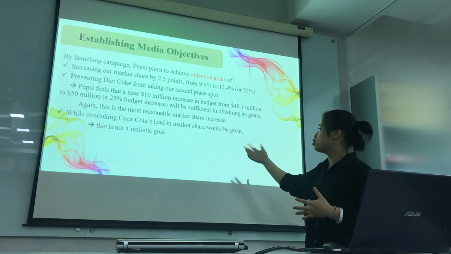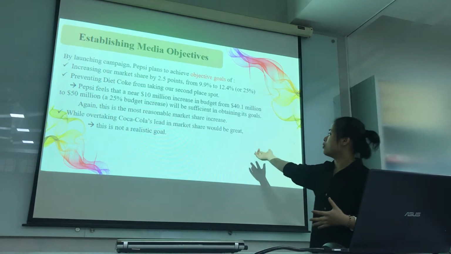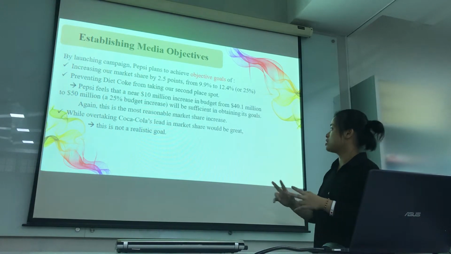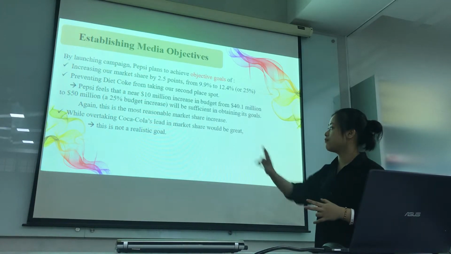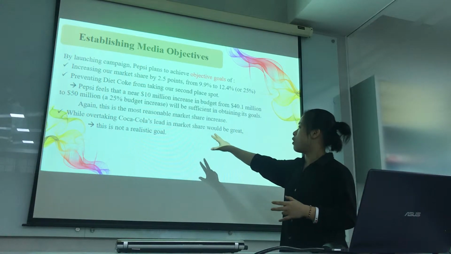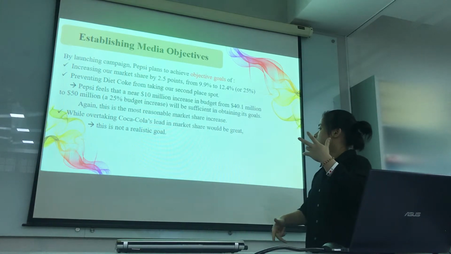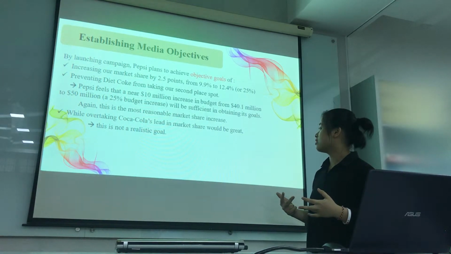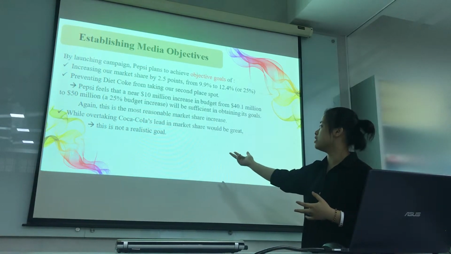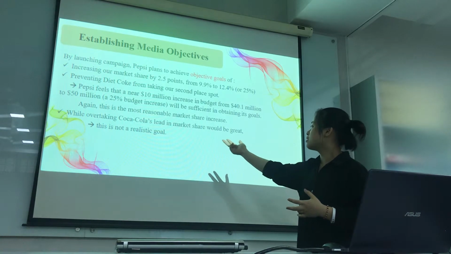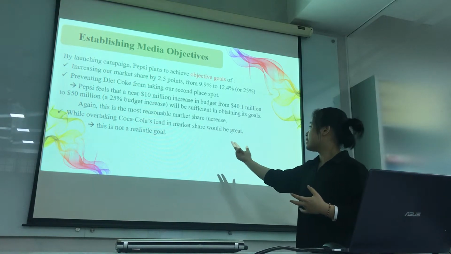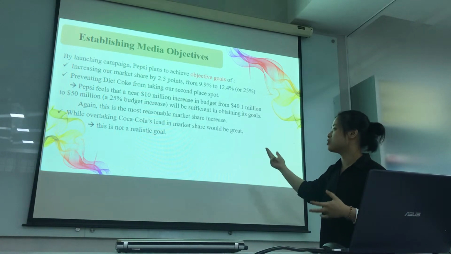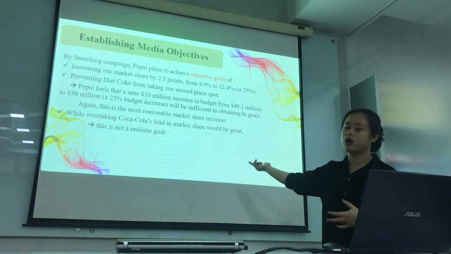To obtain this goal, they considered it would be sufficient to increase their budget by 25%. Another goal was to overtake Coca-Cola for the leading position in market share, but right now this is not a realistic goal.